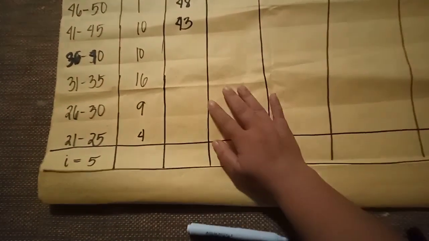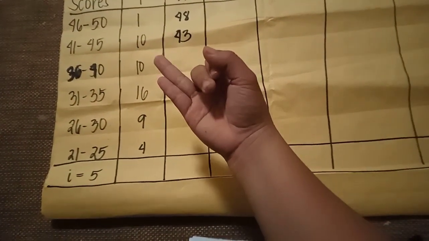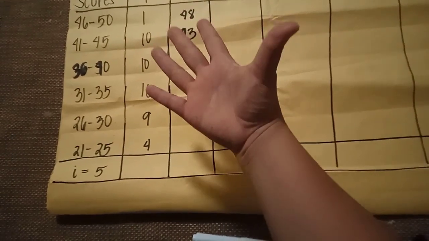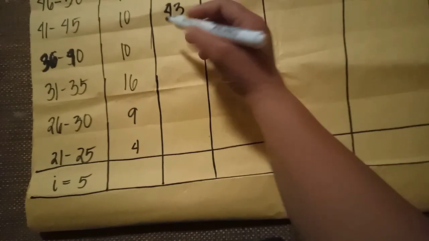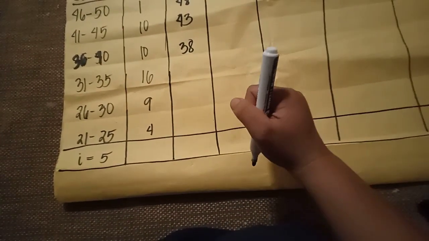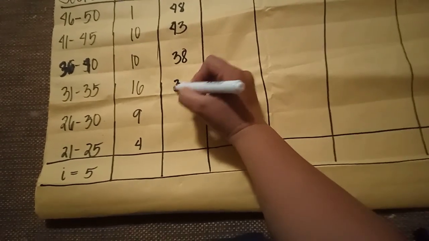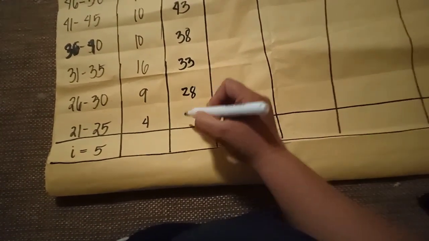Also the same with 36 to 40: 36, 37, 38, 39, and then 40. The middle number is 38. Very good. Next is 33, 28, and then 23.